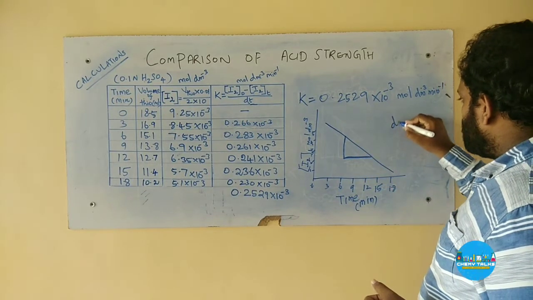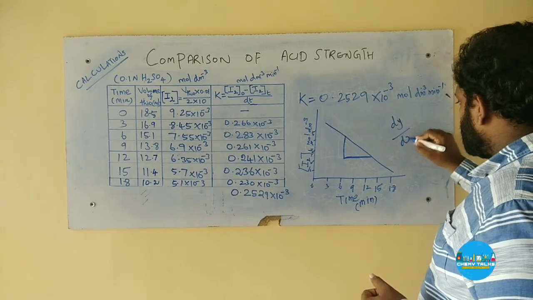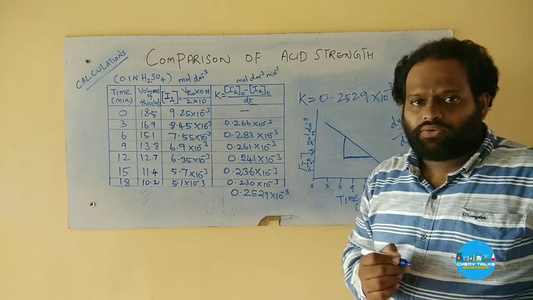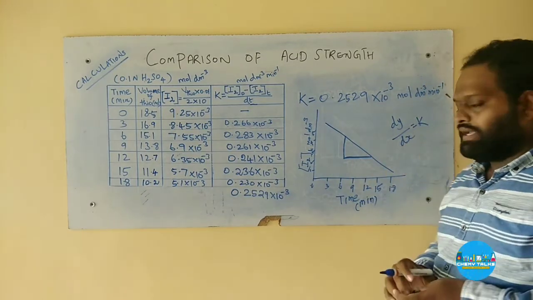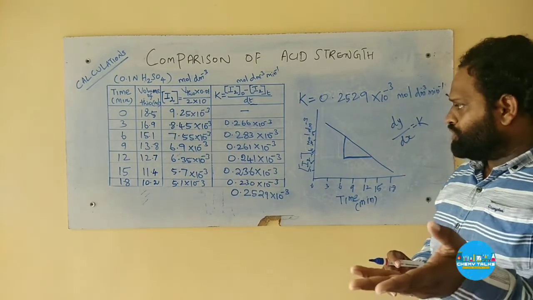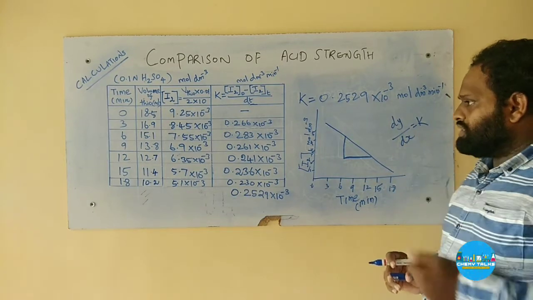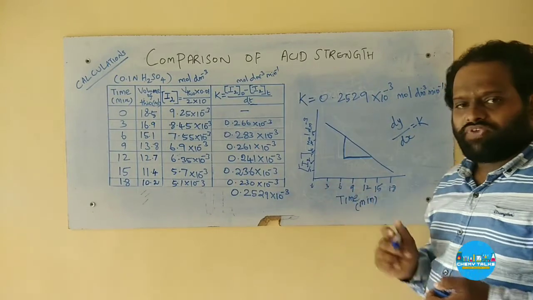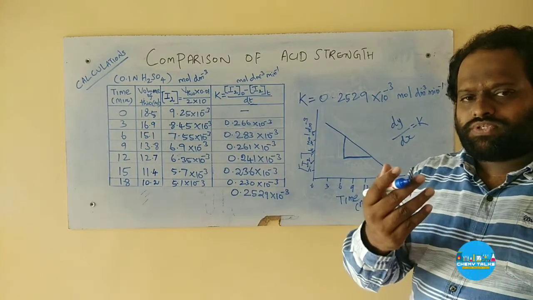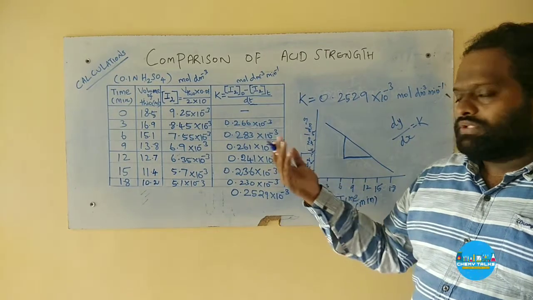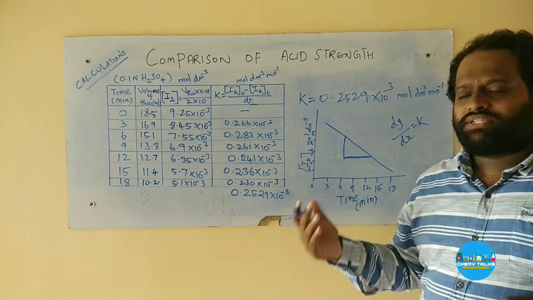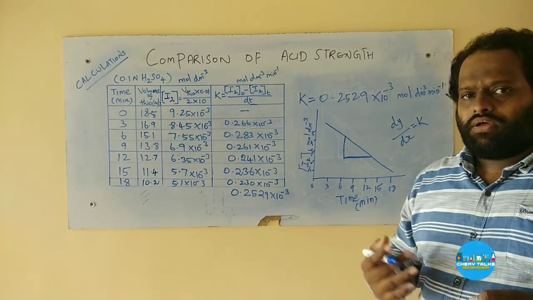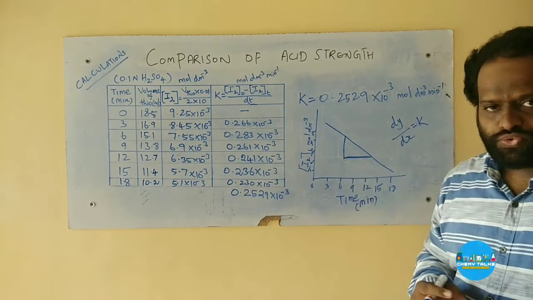From the slope dy by dx, we can calculate the rate constant graphically. The ratio of the rate constants obtained by calculation and by the graphical method gives the strength of the acid, so that we can compare the strength of the acid from these ratios.